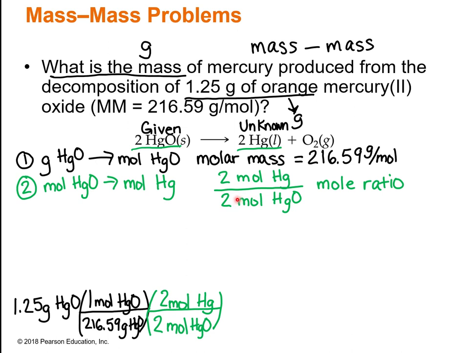That's what this mole ratio says. And that's what the equation says. If you have 2 moles of mercury 2 oxide, you're going to make 2 moles of mercury and 1 mole of oxygen gas. So we're using the relationship between the mercury 2 oxide and the mercury to figure out how many moles of mercury we're going to make. Does that help, Cameron?